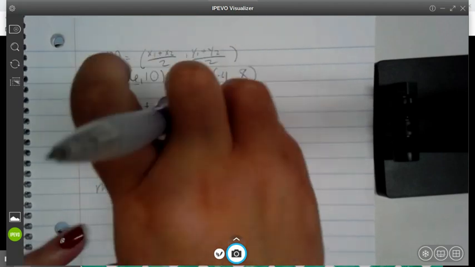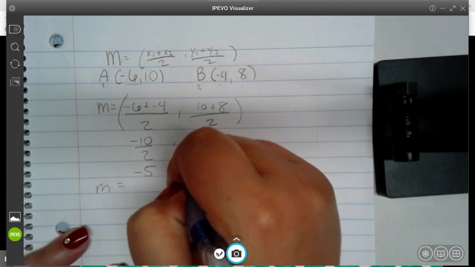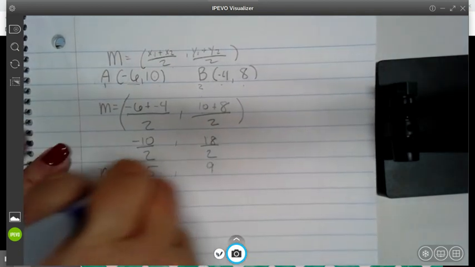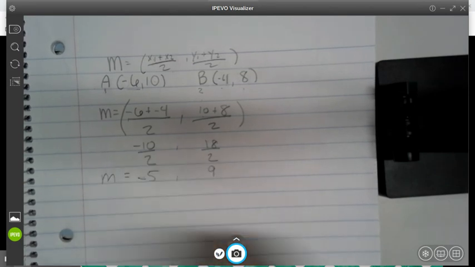I'm sorry, that's not a plus sign, that's a comma. You've got to be careful, guys. I'm adding and shouldn't be, and nobody's here to correct me. So this point should be -5, 9.